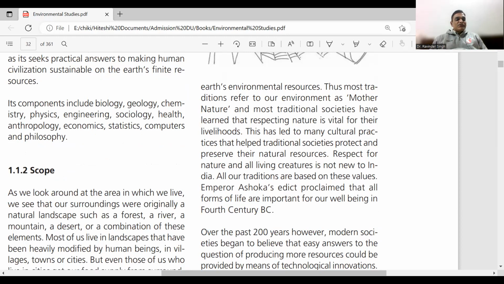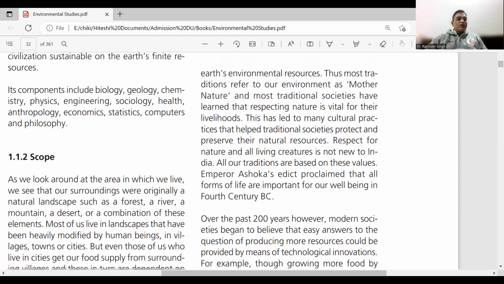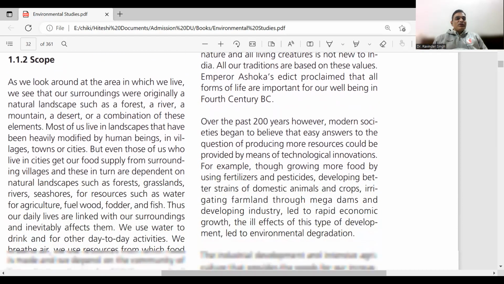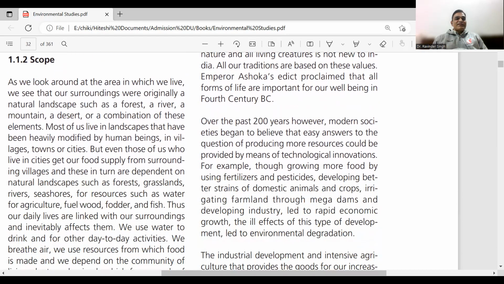Next is the scope. As we look around at the area in which we live, we see that our surroundings were originally a natural landscape such as a forest, a river, a mountain, a desert, or a combination of these elements. Most of us live in landscapes that have been heavily modified by human beings in villages, towns, or cities.